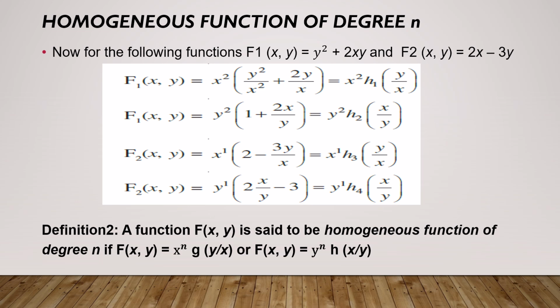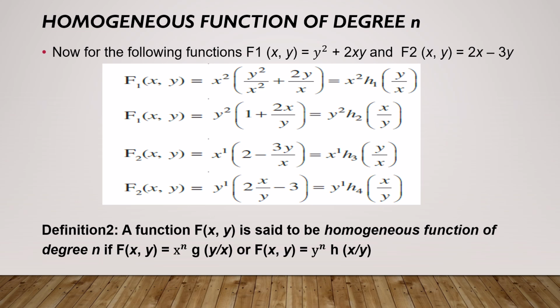If you consider a variable called y upon x, then y square upon x square plus 2y upon x is nothing but a function in the y upon x variable. And outside I have x square. So how have I expressed f1 of xy? f1 of xy is expressed as x square into some other function, say h1 of y by x.